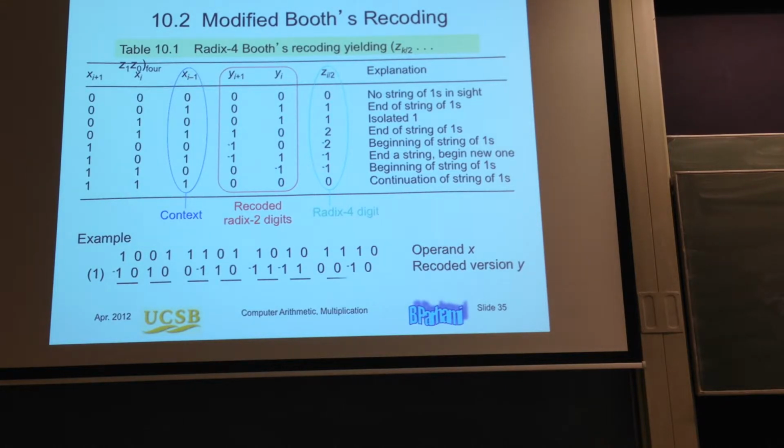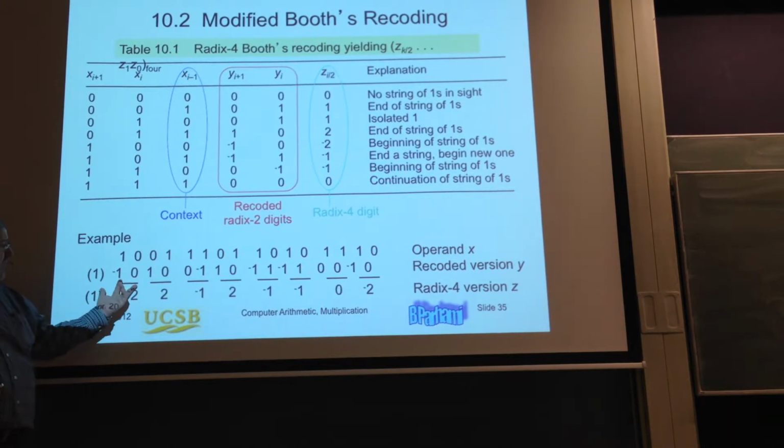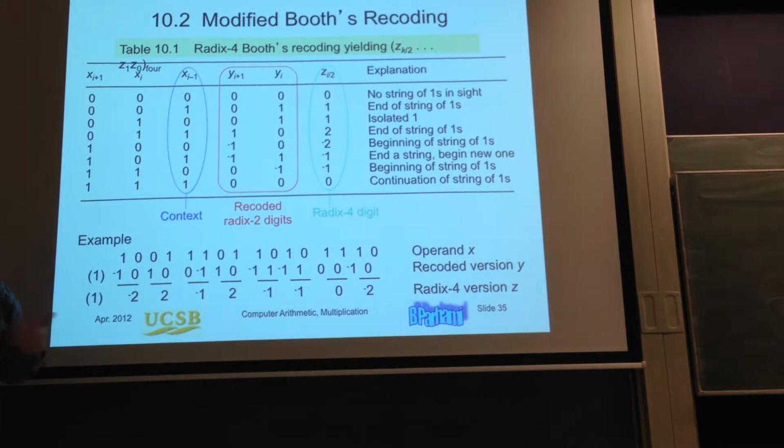And now, you know, that was the first part. And now I'm grouping them and I'm getting this Radix-4 version of recoding. Then I have Radix-4, which is diminishing the number of partial products. Then I have k over 2 cycles. And all my guys in here are reasonable guys.